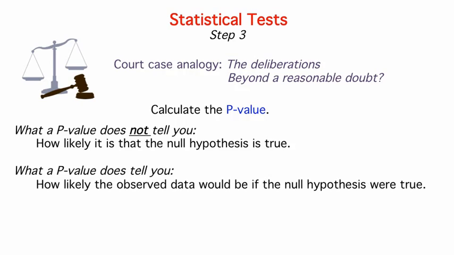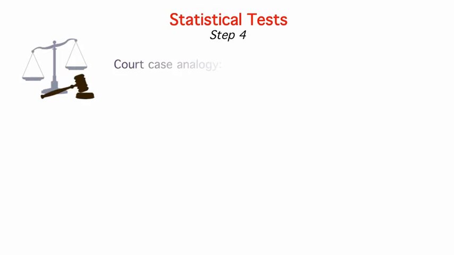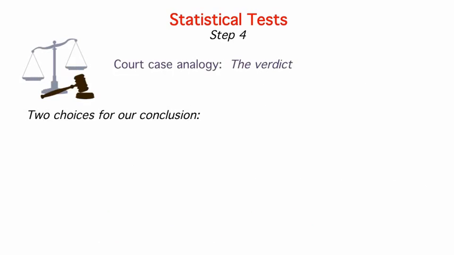So our third step is to determine how unlikely the test statistic is if the null hypothesis is true, and this is our p-value. And finally, we have the verdict. Our judge or jury has one of two choices.